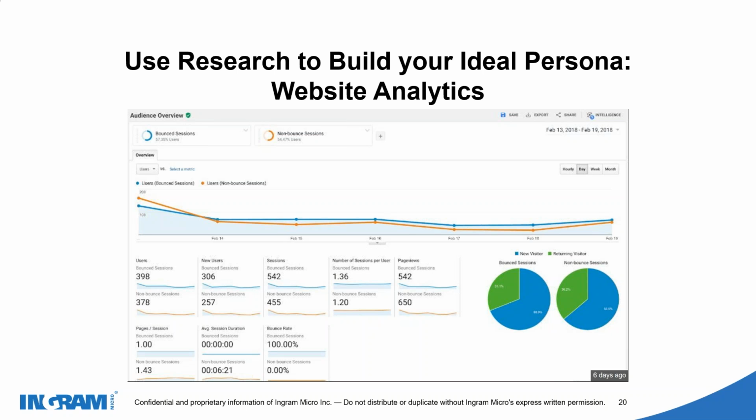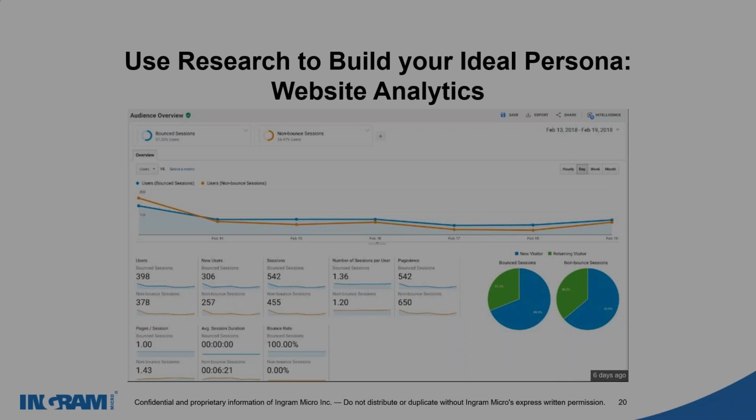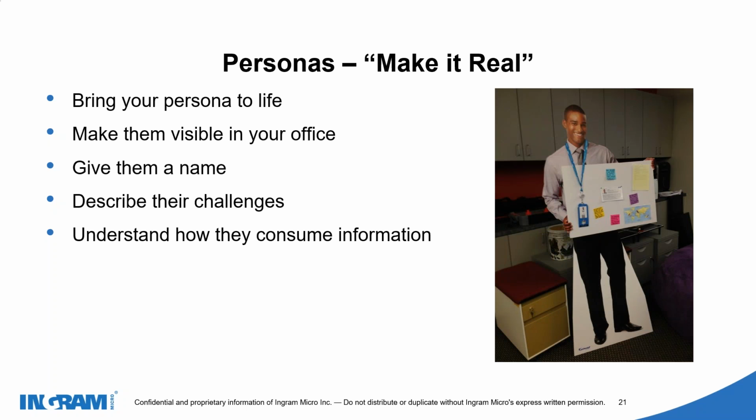Now, once you've got a good idea of your ideal persona, we really recommend you make it real. You bring it to life in any possible way. You put a photo on it, put it up on the board in the office. Give the person a name. You would have seen on the earlier slides, we have different names for the different personas. We had the HR person, we had the marketing person, and I'm just flicking back to see if I can find the name, but I can't remember at the moment.